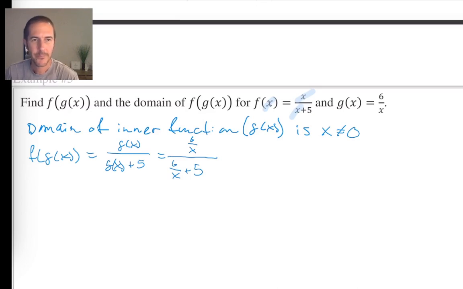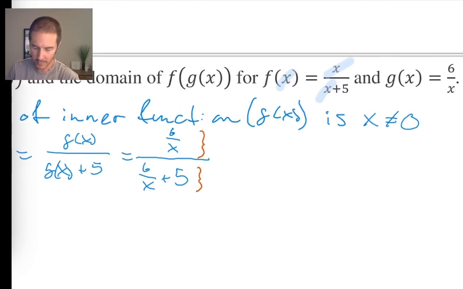Now, it's pretty clear, I think, that you still don't want to plug in an x value of 0, but we now have more denominators than we did before. I like to refer to this as my big numerator and this as my big denominator. And in my big denominator, where we have this 6 over x plus 5, I'm going to go ahead and try to add those together by creating a common denominator down there.